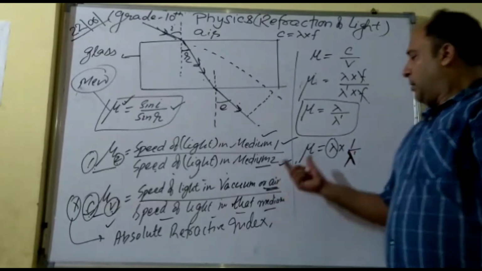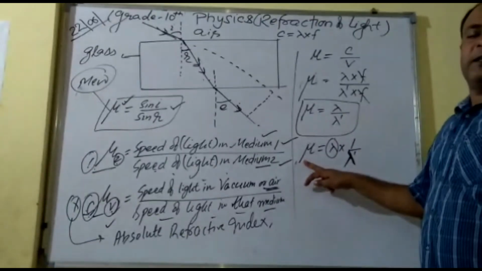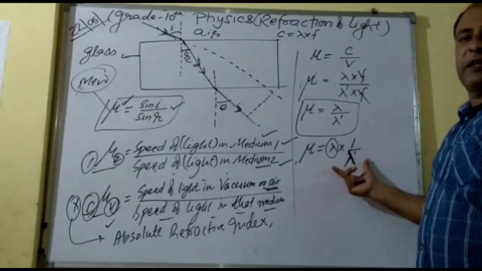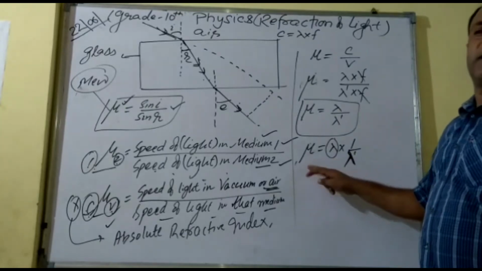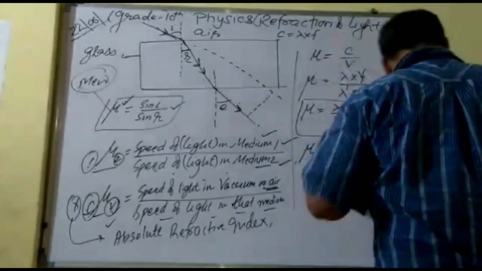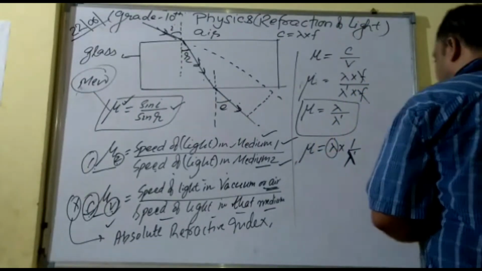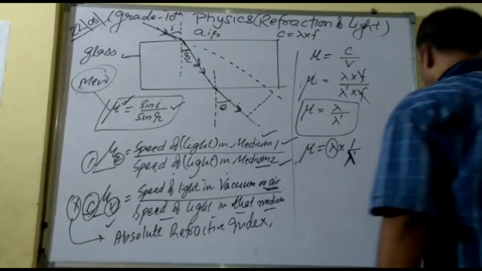So wavelength decreases, refractive index increases. Wavelength increases, refractive index decreases. Just reverse, reciprocal, right? So on this concept, you can see refractive index is affected by wavelength.